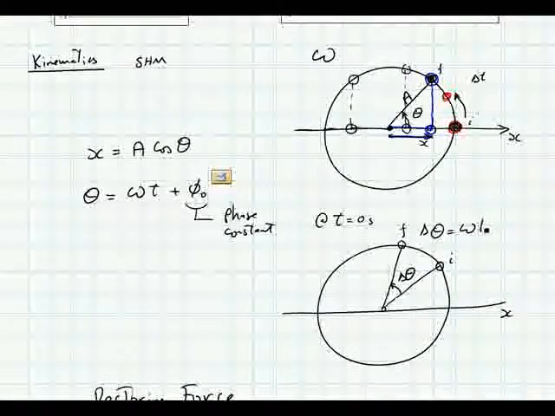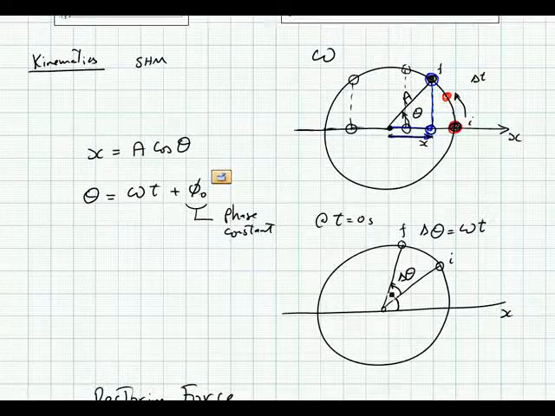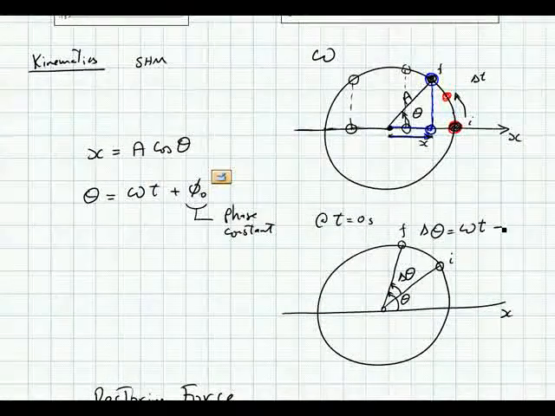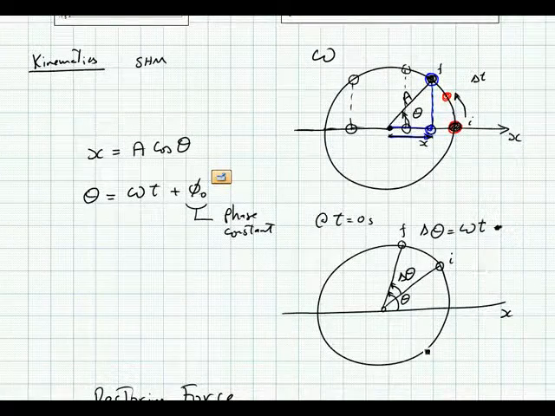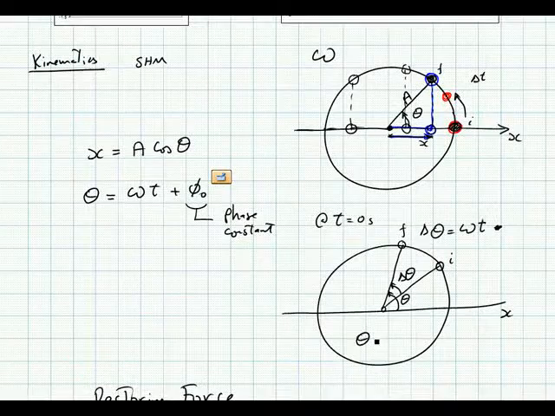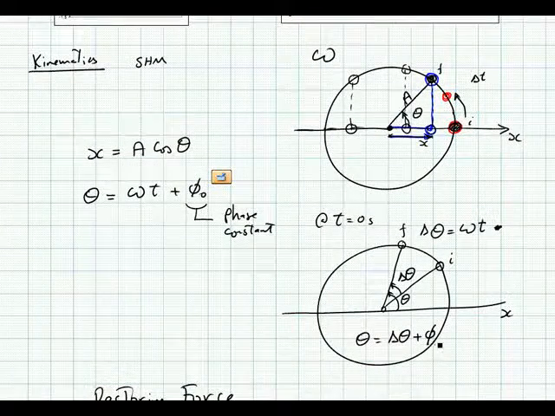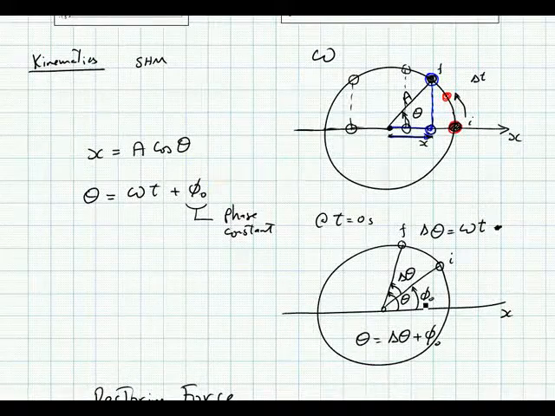Delta theta is omega t, but the angular position of the object, theta, is equal to the angular displacement plus the initial position of the object, which is phi naught.